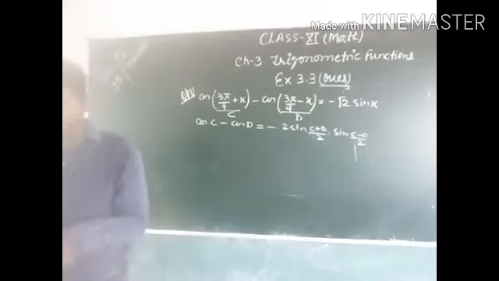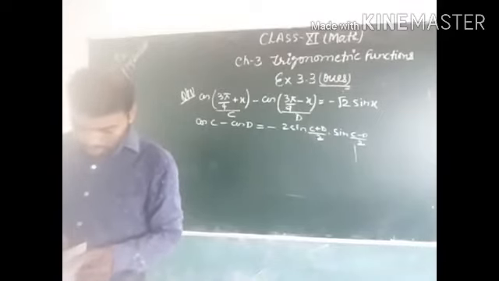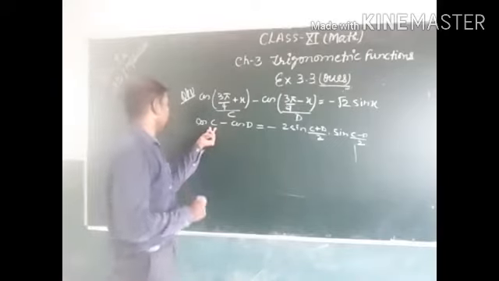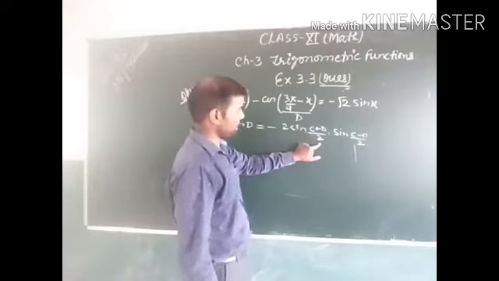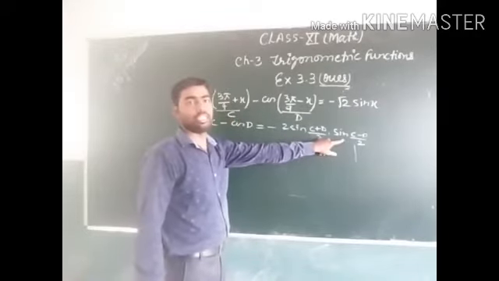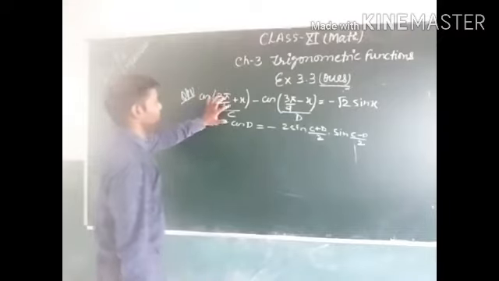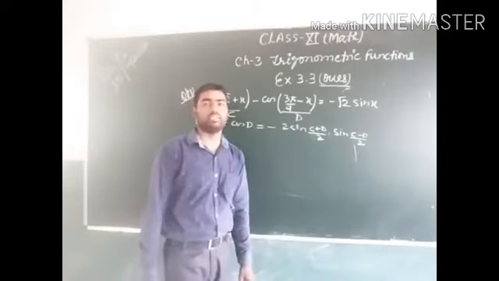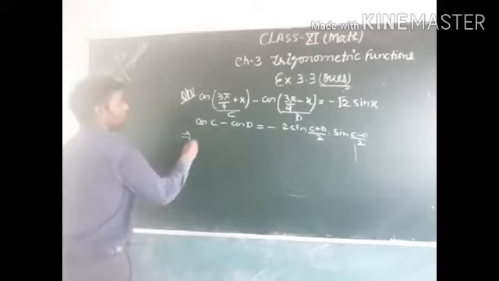Let me check the formula. Yes, this is correct. The value of C is 3 pi by 4 plus x and the value of D is 3 pi by 4 minus x. So we put the values in the given trigonometric expression.